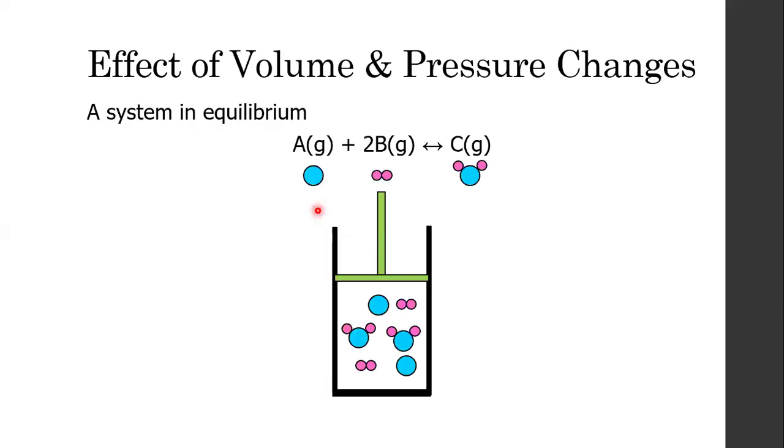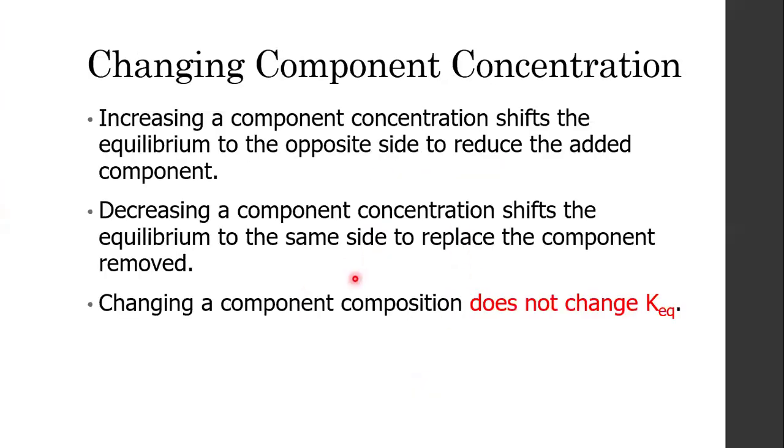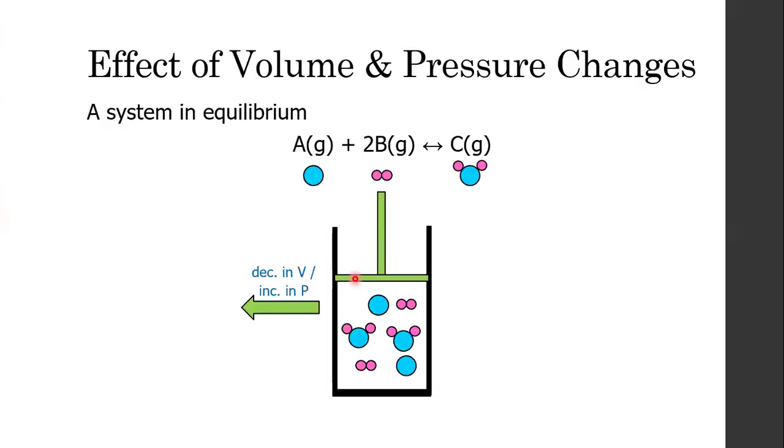Now let's go into the effect of volume and pressure changes in the system. Let's take, for example, a reversible reaction of A and B forming together to form C. We have this illustration here. Let's say the system is at equilibrium. And then what happens when there's a decrease in volume?